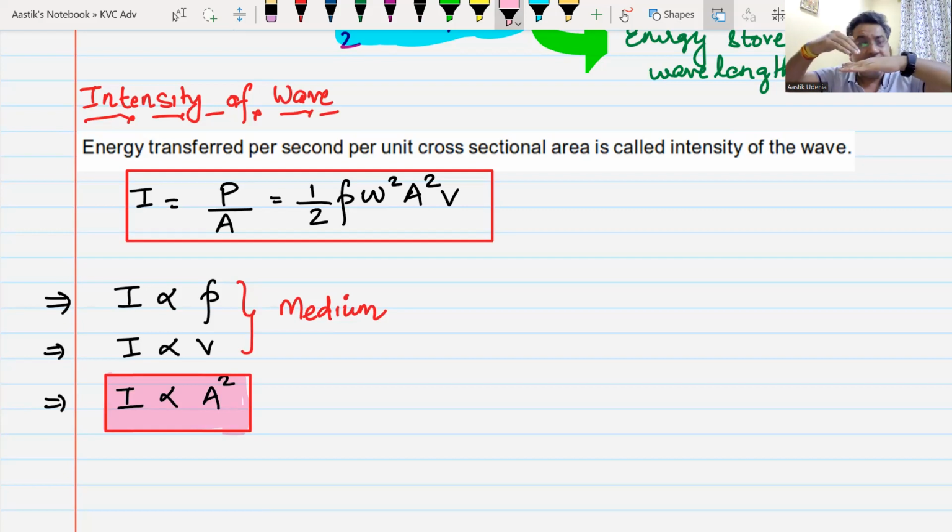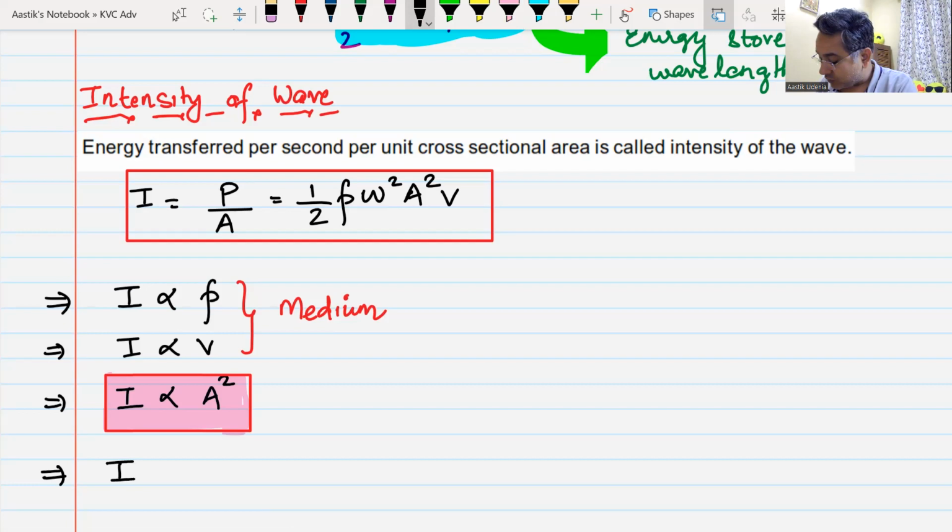The entire wave will not be reflected, and the entire wave will not be refracted. Some part will be reflected and some part refracted, so that will change the amplitude of the wave, and so the intensity will also change. If the amplitude remains the same, the intensity remains the same. Do we understand this? Yes, sir.